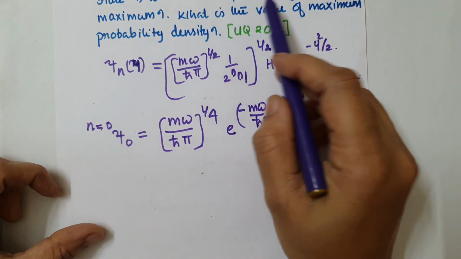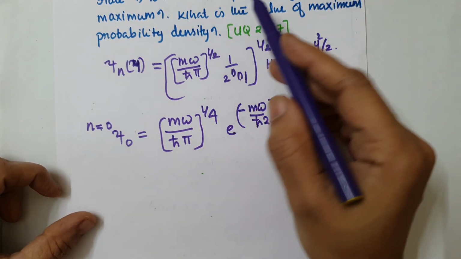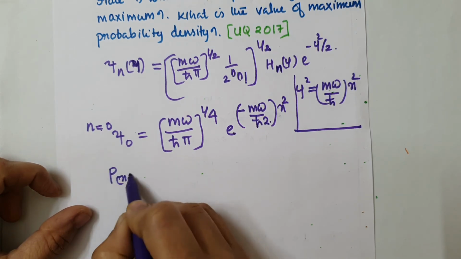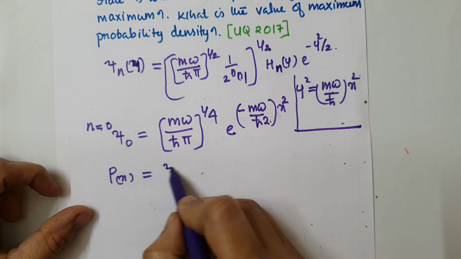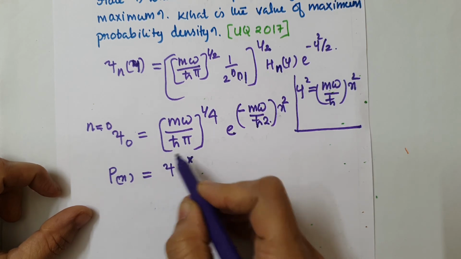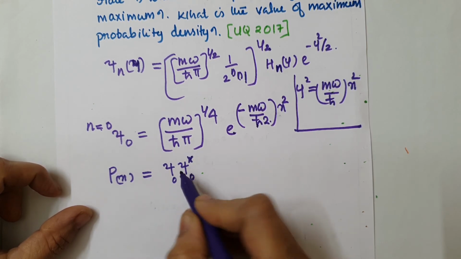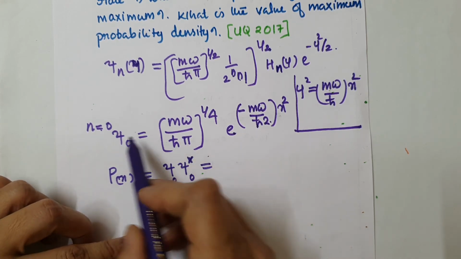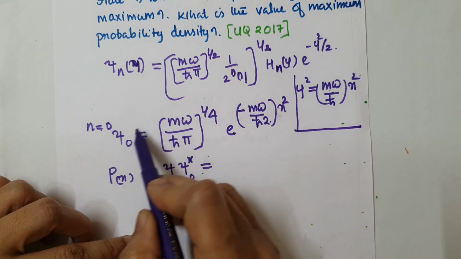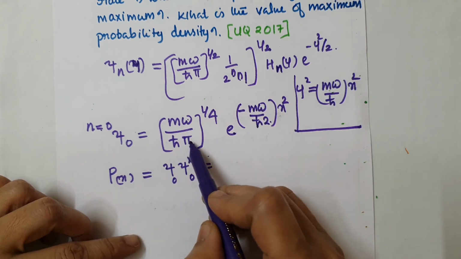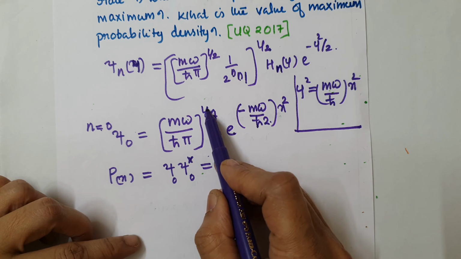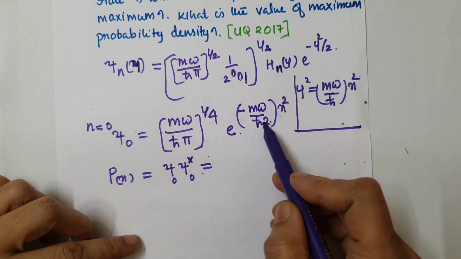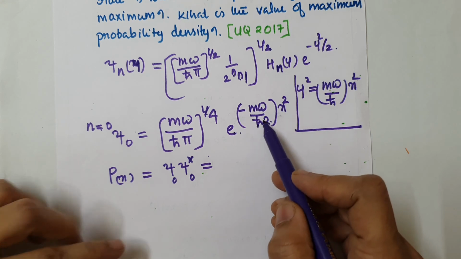And where is the probability density maximum? The probability density P of x can be represented as psi star psi; for the ground state it is psi 0 star psi 0. Taking the square of this equation, we get (m omega by h cut)^(2/4) e raised to minus m omega by h cut x square, the whole squared.